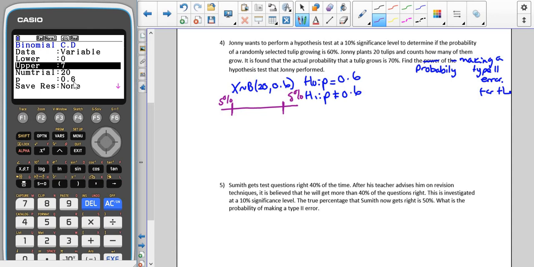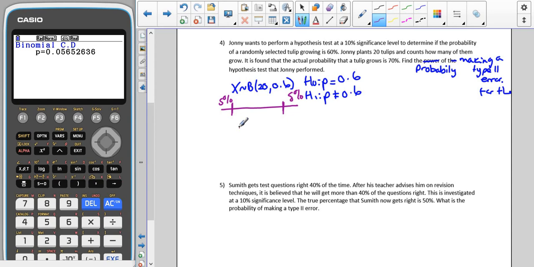So if we had 20 times 0.6, then that gives us 12 for our mean. And so that tells me that the lower end of my value is definitely going to be less than 12 when I'm looking at down here, because 12 is going to be somewhere around the middle. So if I try instead, let's try 8. Let's look at less than or equal to 8.